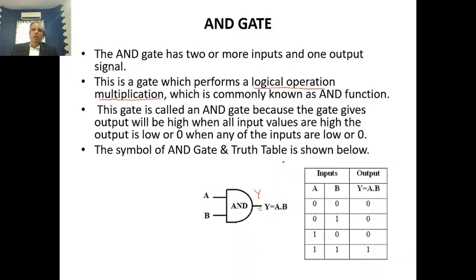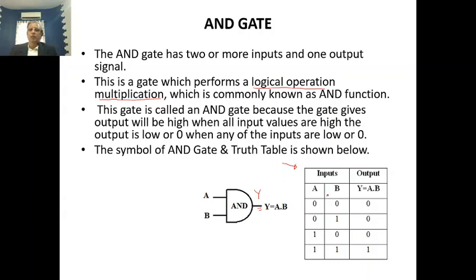Now this is the truth table. Truth table means for the different combinations of input, 0 0, 0 1, change this B from 0 to 1, then change A, 1 0 and 1 1. As the number of inputs is 2, we are getting 4 combinations: 0 0, 0 1, 1 0 and 1 1. Then what is the output of this AND logic gate?